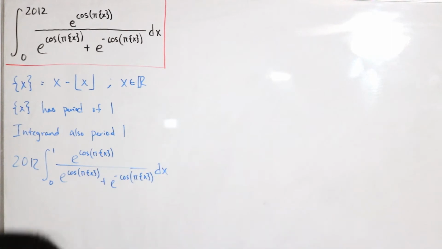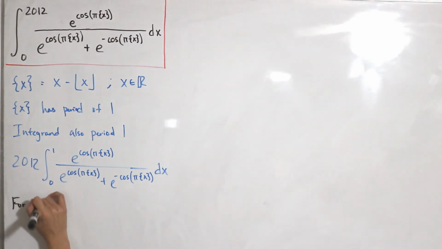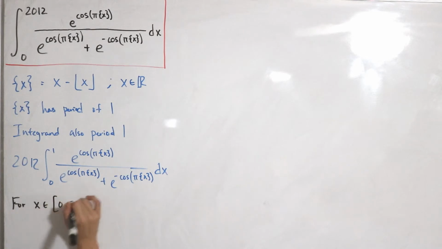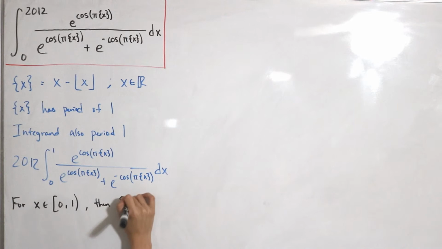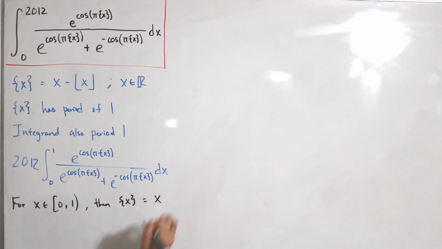So let me put that as an important notion before we move forward. For x between 0 inclusive and 1 non-inclusive, the fractional part of x is just equal to x.